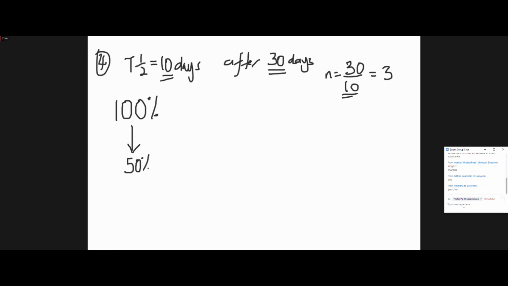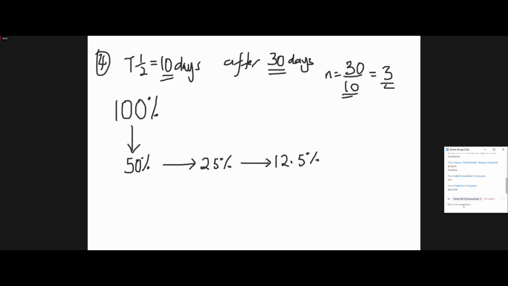Another half-life, the balance is 25%. That's only 2 times. The third time, because it shows 3 half-lives, the remaining balance is 12.5%. So now we have answered the question.